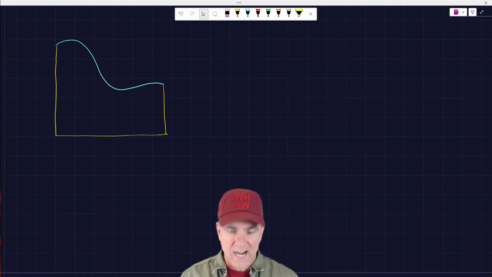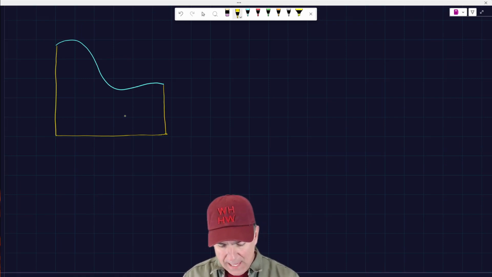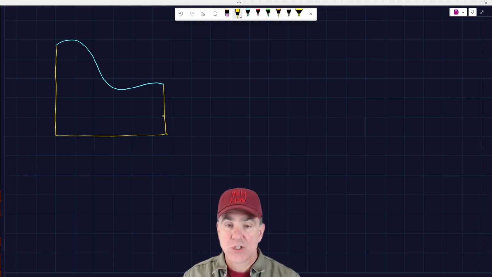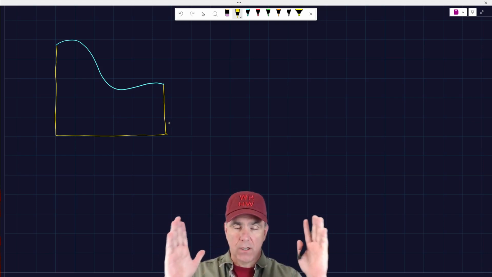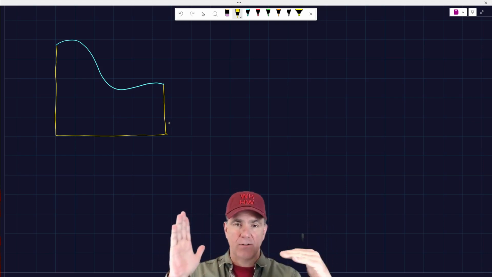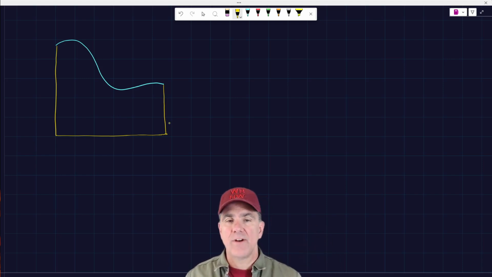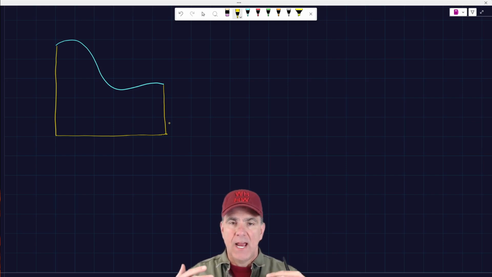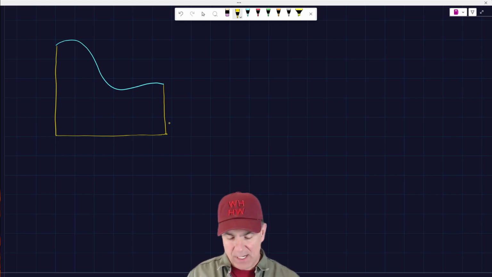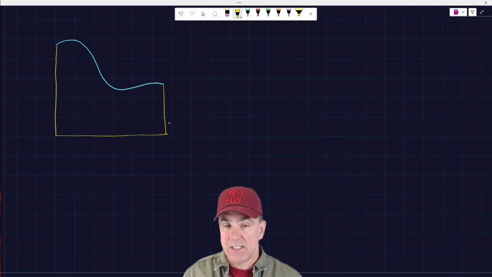All right, let's say that I have a piece of property here, and it's got straight borders on the east and west and on the southern side. But the northern side is defined by a river. And what I want to do is figure out how much acreage I actually have. I can't use a simple formula like I do for a rectangle or a circle, because I have this strange shaped river, which isn't necessarily something that I know anything about.